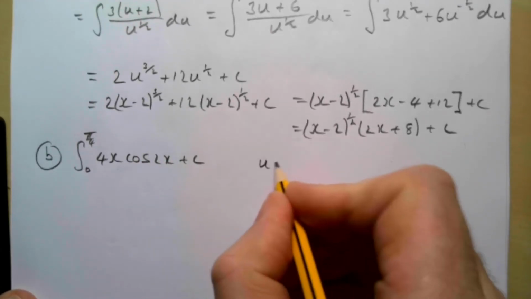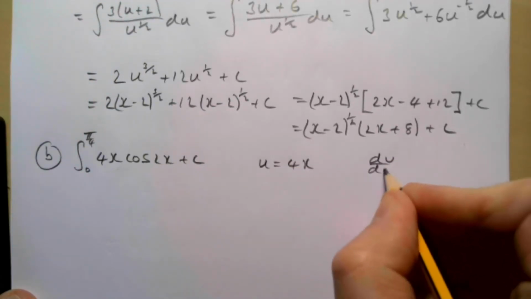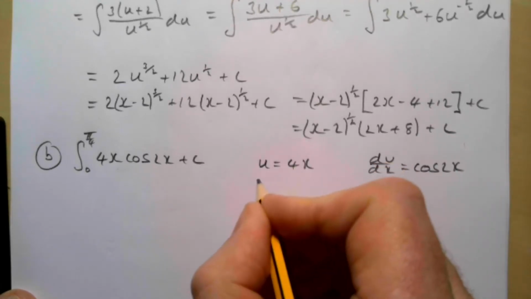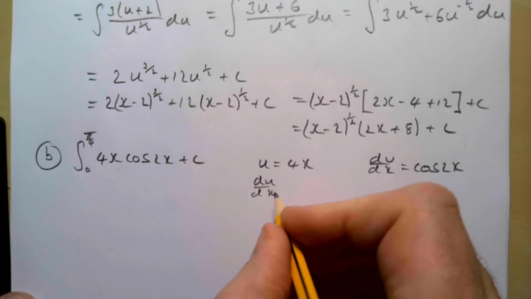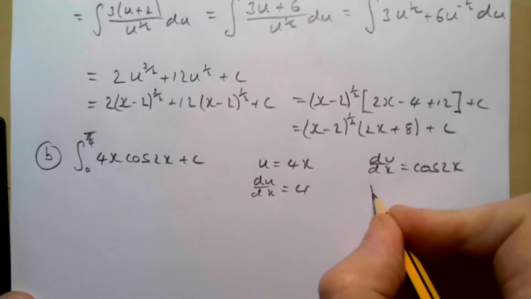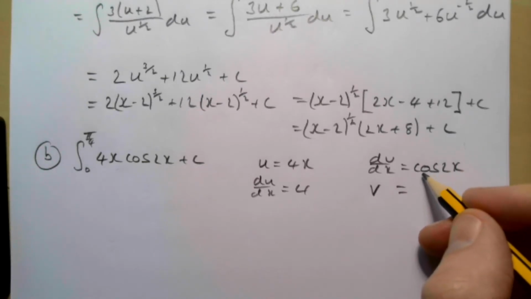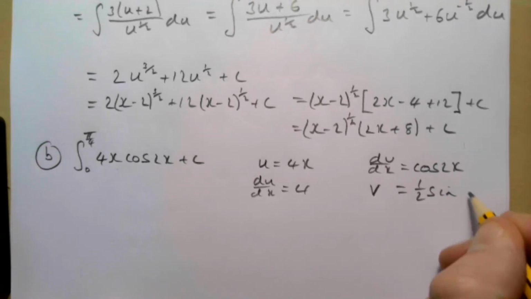So u is 4x, dv by dx is cos 2x, du by dx is 4. And then v, if I integrate cos, I get sine. If I integrate cos 2x, I would get a half sine 2x.